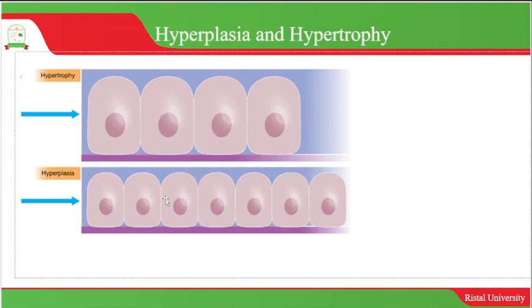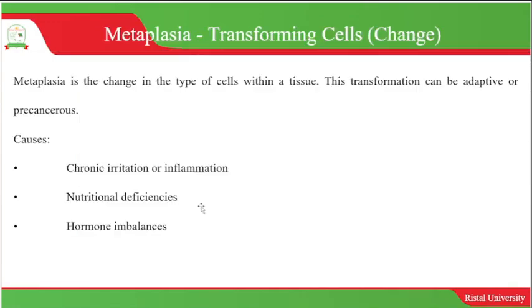So we are seeing that here there is increase in cell number, whereas in hypertrophy there is increase in cell size. So cell hypertrophy is increase in cell size, whereas hyperplasia is increase in cell number.